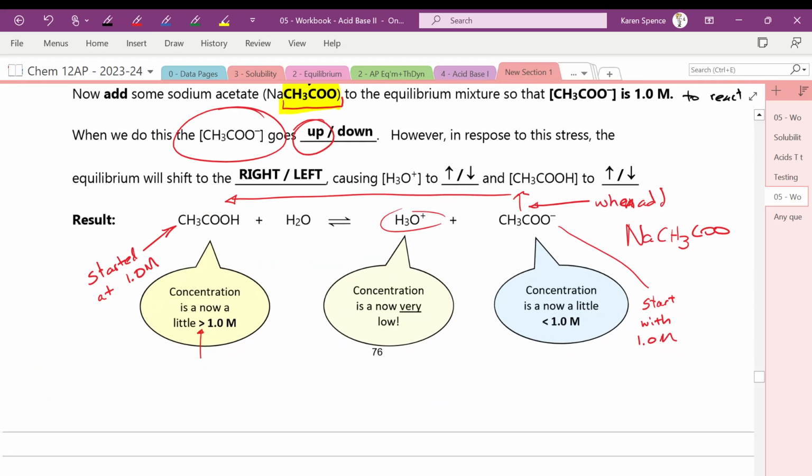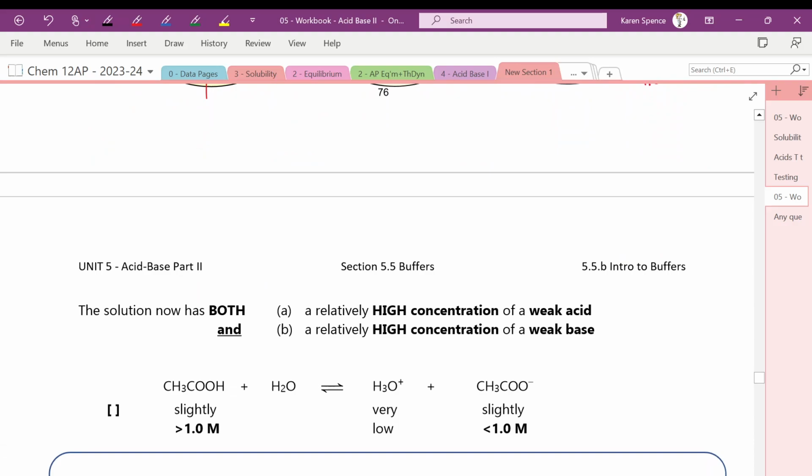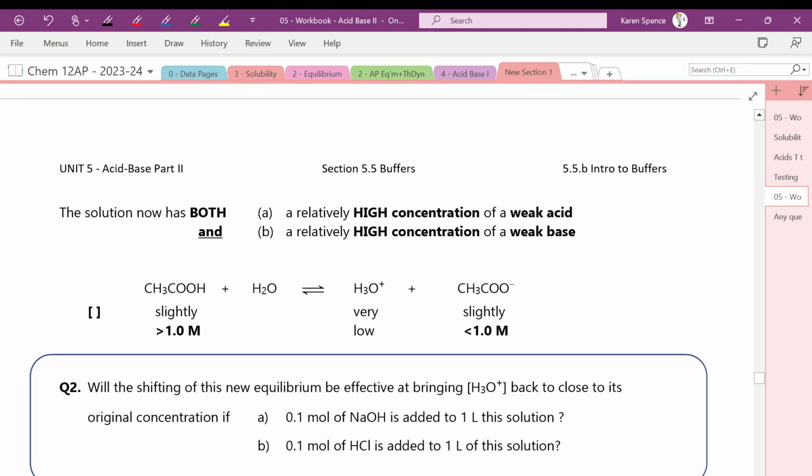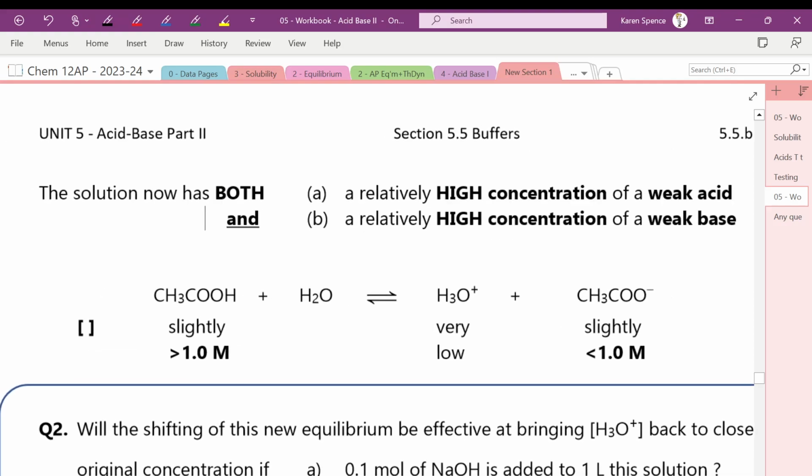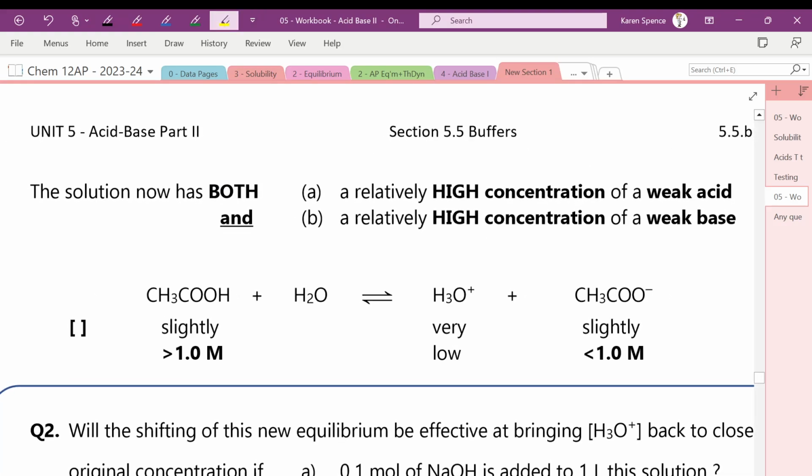Okay. So now the solution has both a high concentration of the weak acid, and a high concentration of the weak base.